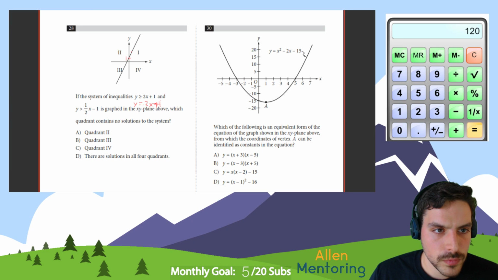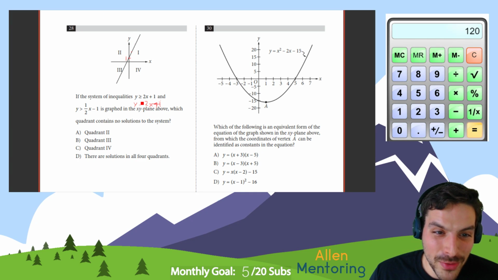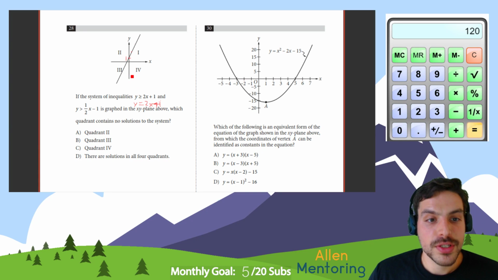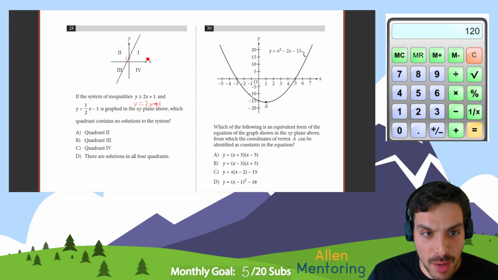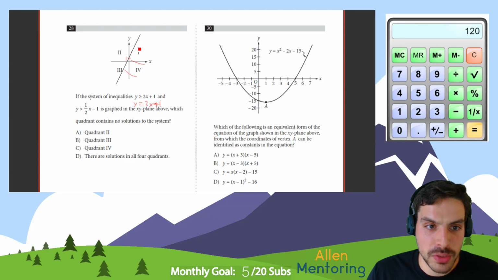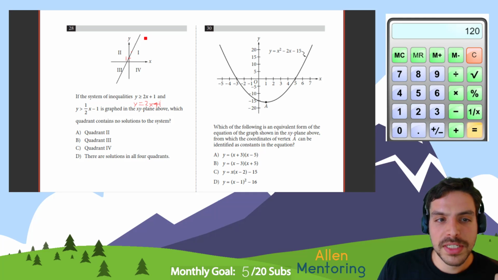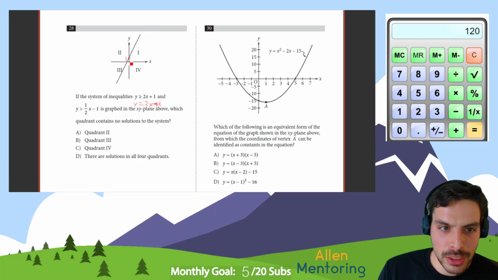And it says greater than or equal to 2x plus 1. So that means we want to shade somewhere. Either we're shading this way or we're shading this way. How do you know which way to shade though? One of my teachers taught me this method, and I think it's very useful. What you do is you plug in 0, 0 into the equation. So I plug in 0 is greater than or equal to 0 plus 1.